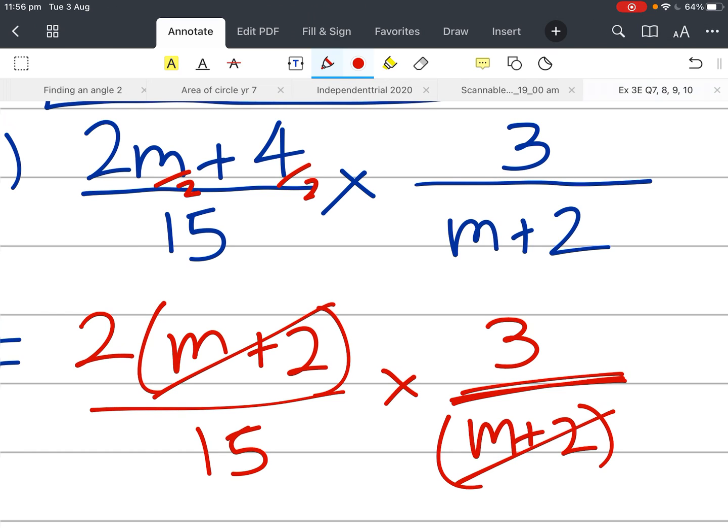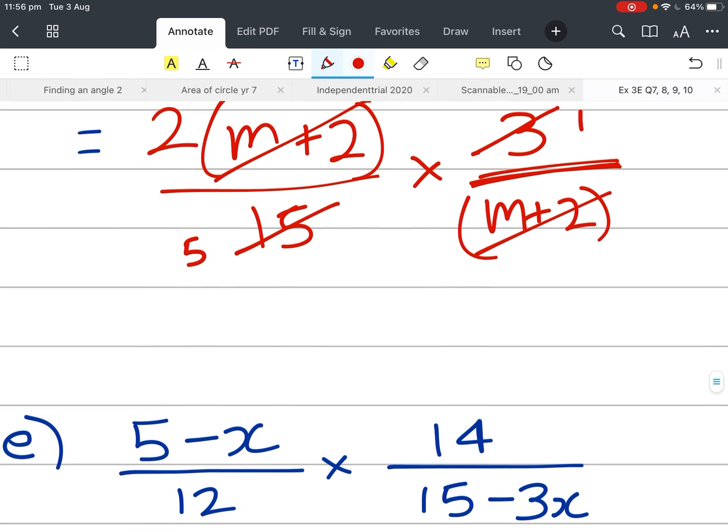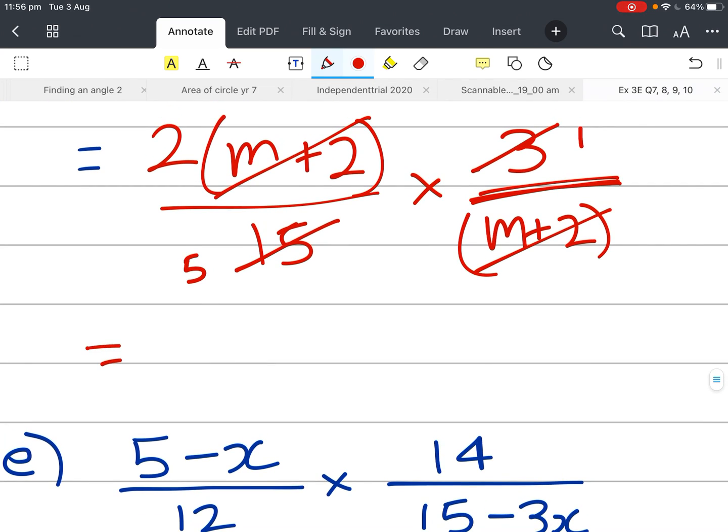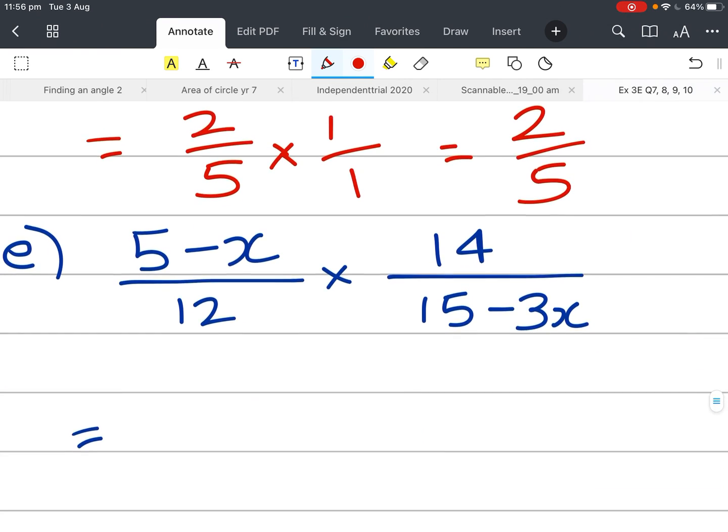Hopefully you said m plus 2, so let's factorise those. How much room do I have? Oh, a little bit. And 3 goes into 15. 3 goes into 3 once. 3 goes into 15 5 times. I'm left with 2 over 5 on the top and 1 over 1 on the bottom. So my final answer is 2 over 5.